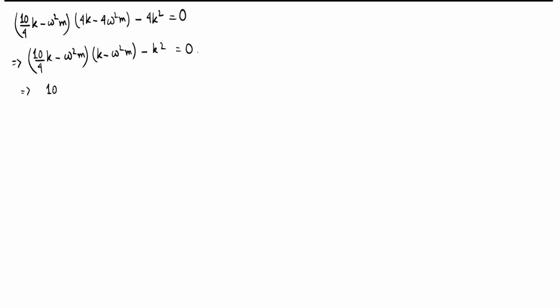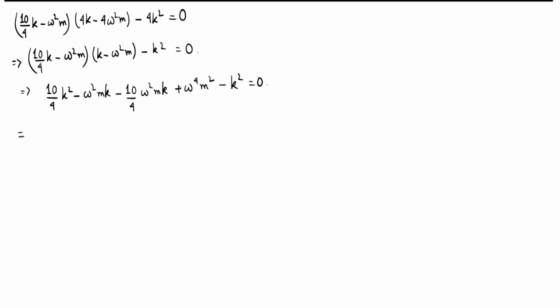So this is 10 by 4k square minus omega square mk minus 10 by 4 omega square mk plus omega to the power 4m square minus k square equals to 0.